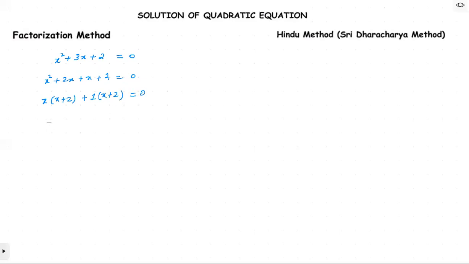So finally we have (x plus 2) into (x plus 1) equals 0. By putting this equal to 0, we separately put both brackets equal to 0. So we'll have x equal to minus 2 and x equal to minus 1. These will be the two solutions for this quadratic equation.